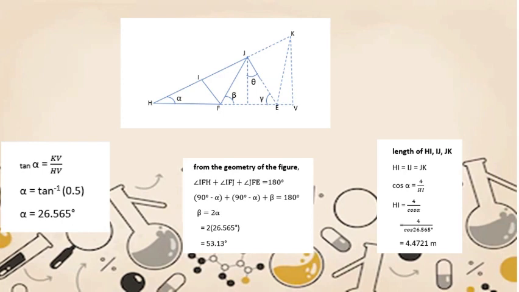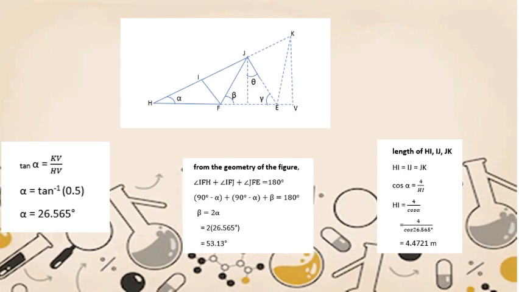Next, from the geometry of the figure above, the summation of angle IFH, IFJ, and JFE is equal to 180 degree.